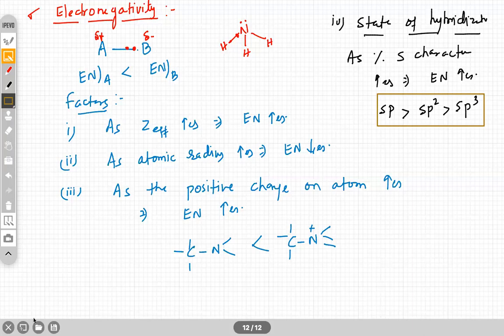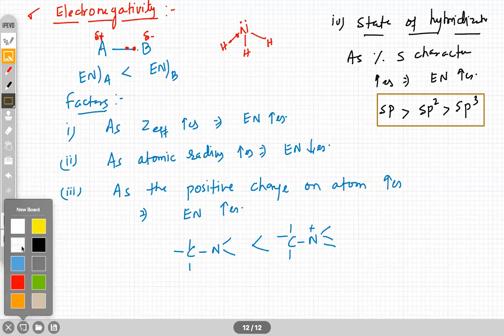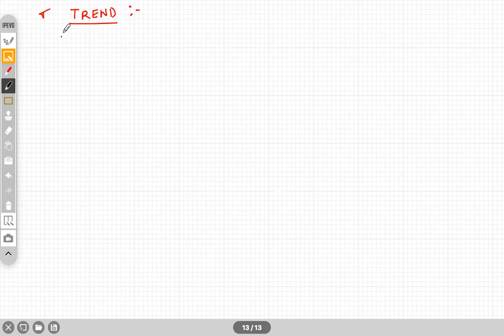Right. Now the trend of this you see, left to right if you go, electronegativity increases.